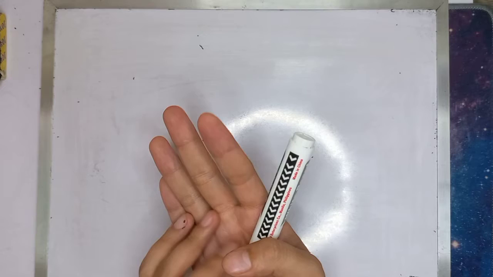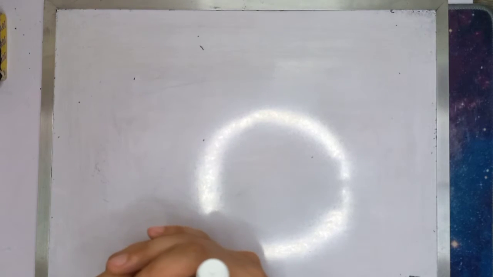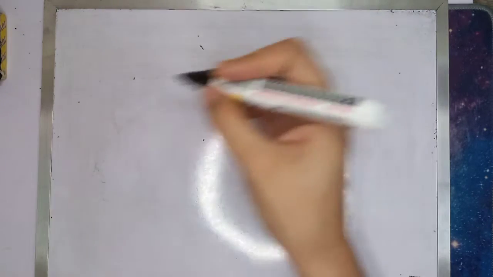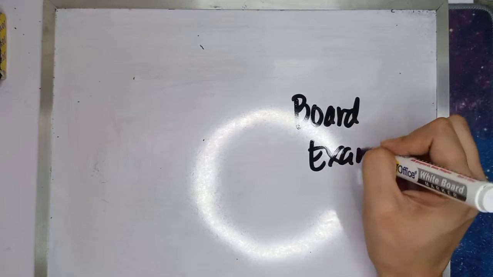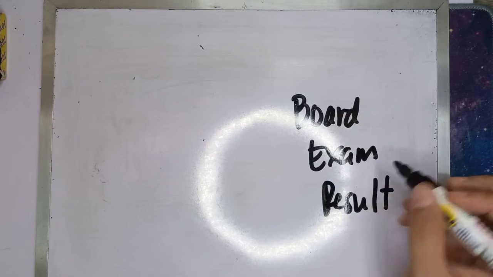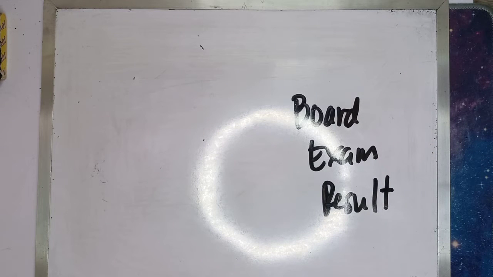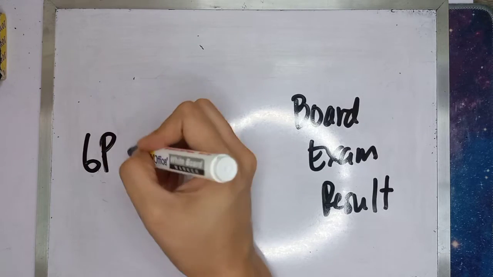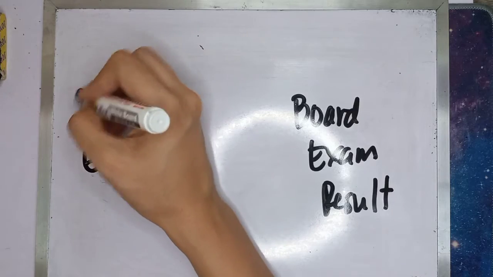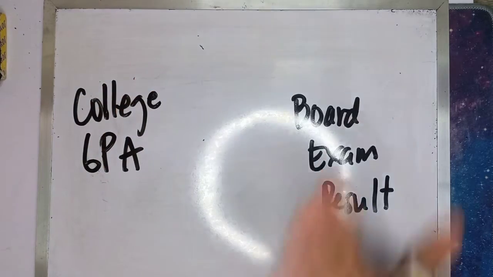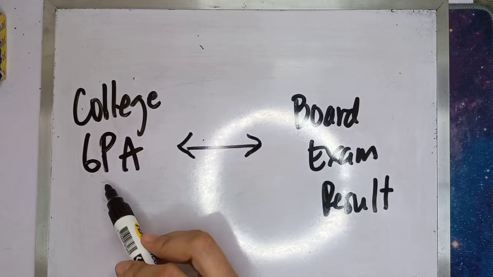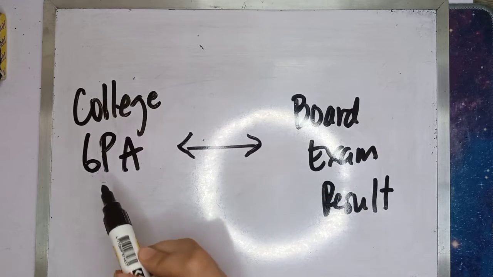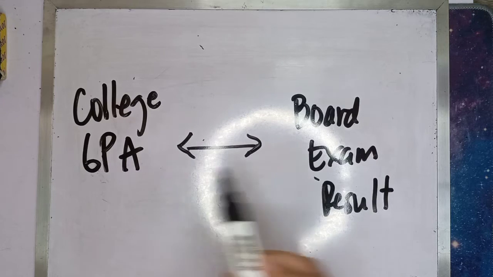Halimbawa, lumabas sa study na predictor ng board exam result, ang sabihin na natin na GPA or General Point Average nung ikaw ay college. For example lang ha. So, napag-alaman na yung score ng board exam result at yung college GPA are correlated to each other.